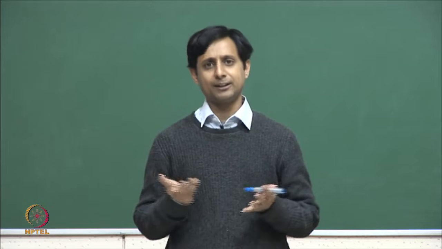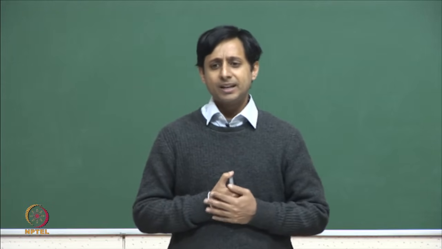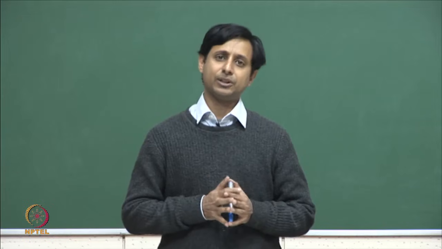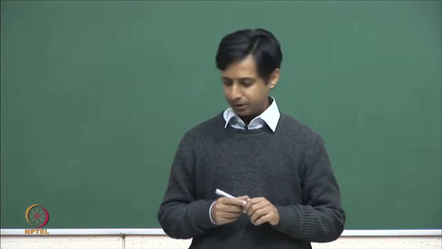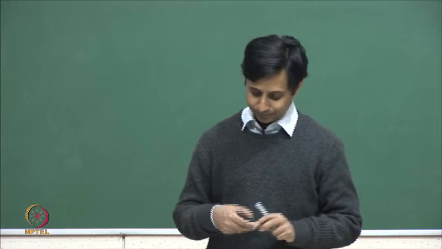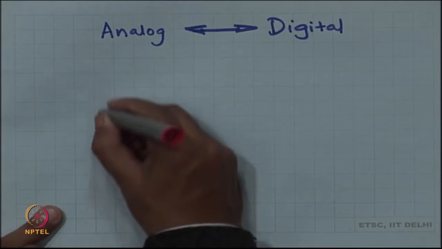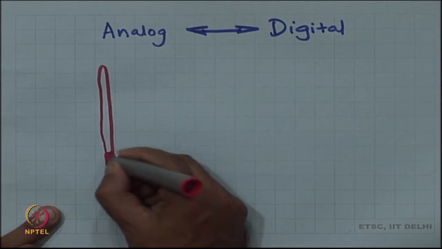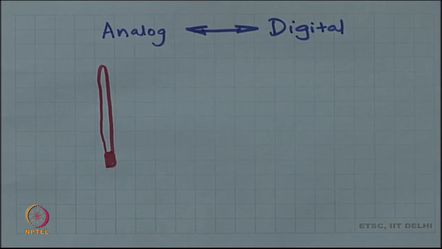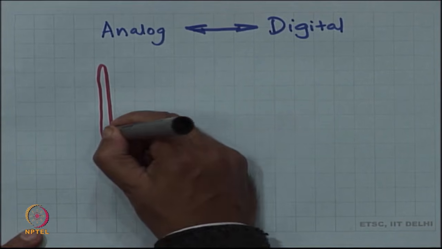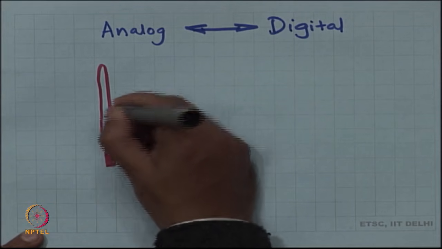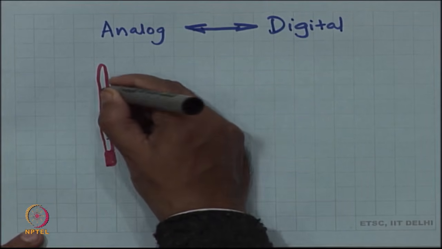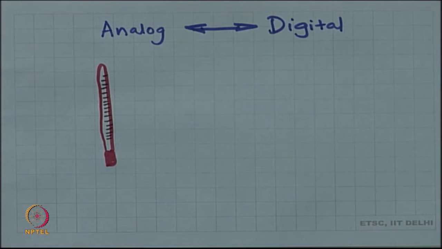So, the difference between analog and digital, according to me, the easiest example is that of a thermometer. If you think of a mercury thermometer, this is your standard mercury thermometer, and on the side you have these graduation marks, and if the column of mercury reaches a certain height, then you read out what the temperature is.